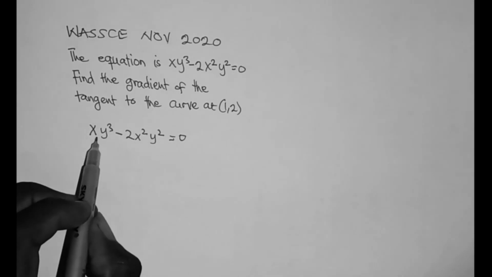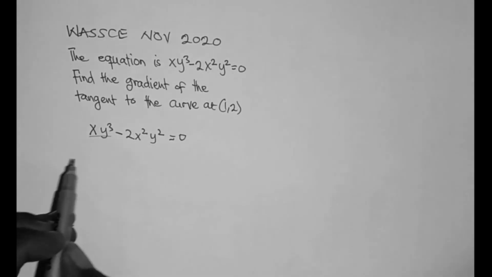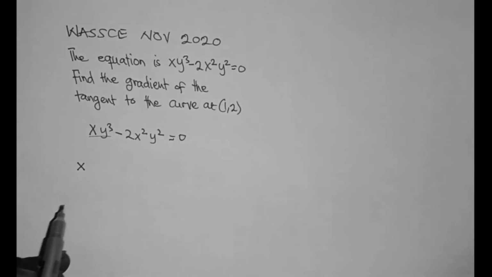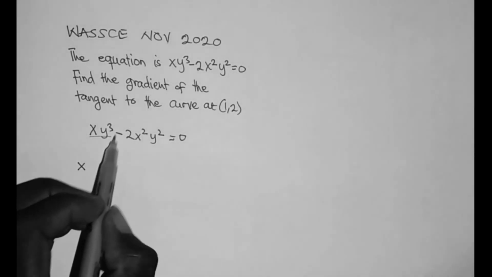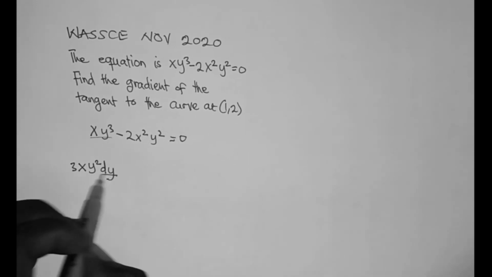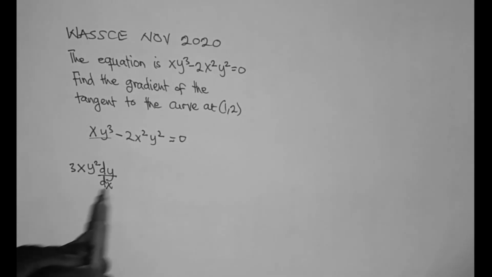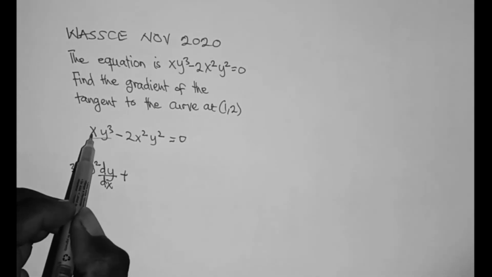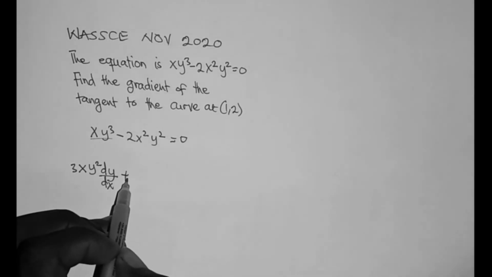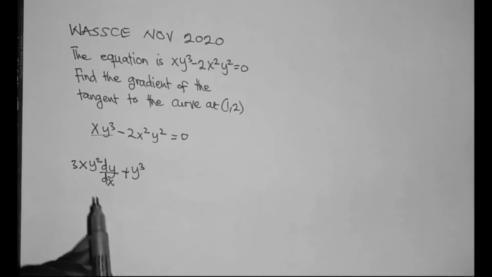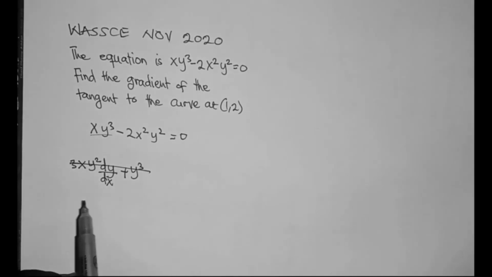So if we differentiate this, it is a product of two functions. Keep x and differentiate y: if you differentiate y^3, you get 3y^2 dy/dx. Then add it to keep y^3 and differentiate x: if you differentiate x, you get 1, and 1 times y^3 is y^3.